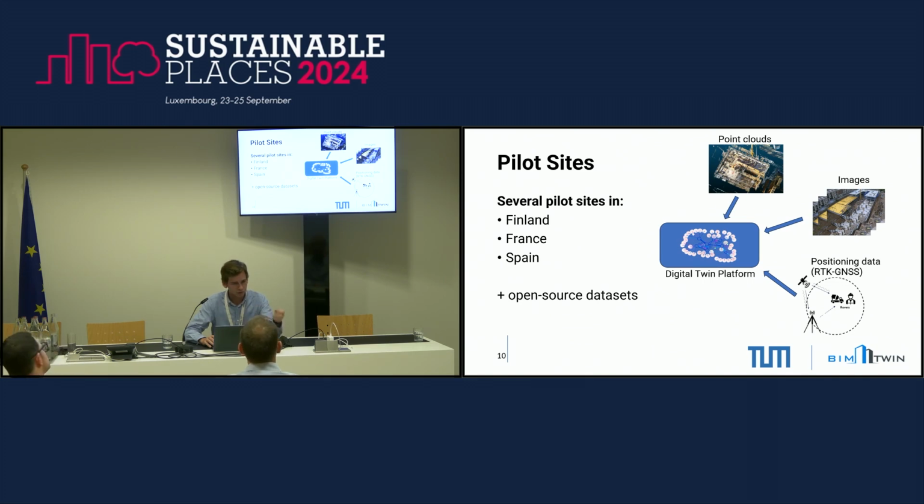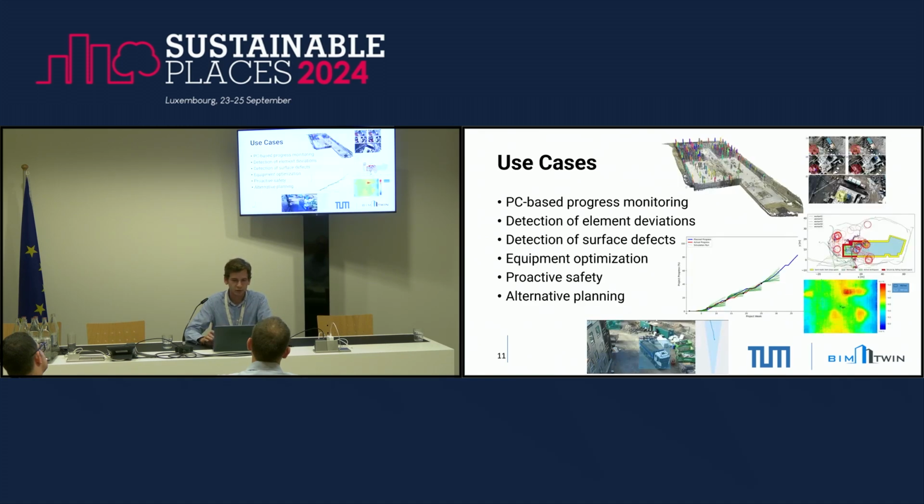So we've tested this for several pilot sites in Finland, France, and Spain, and also collected monitoring data on the construction sites. This was mainly based on laser scans and installing cameras, but for some sites we also had positioning systems to detect equipment or construction workers, and these were usually our main sources of data that we used for later steps.